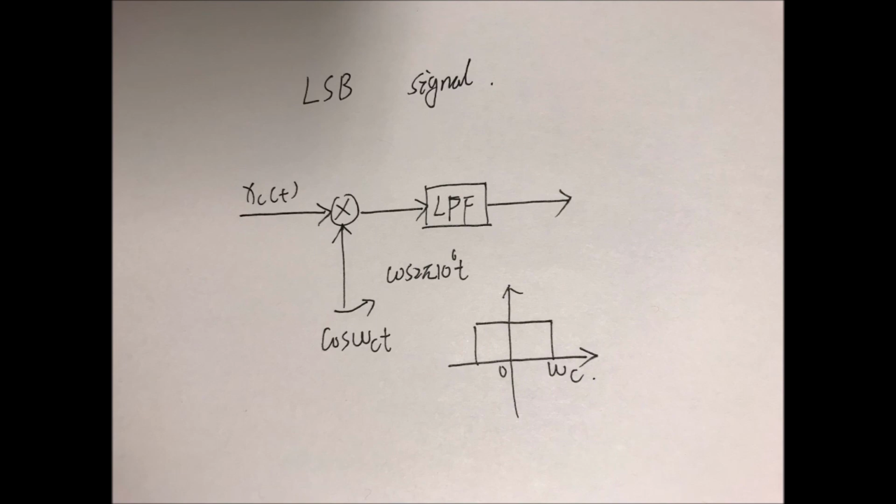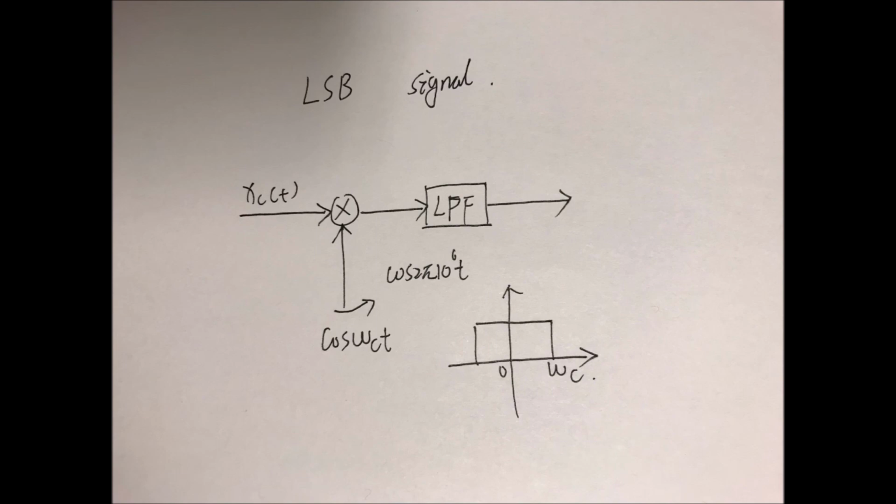According to the previous structure, as we know, this one should be cosine omega c t. And the cutoff frequency of your low pass filter should be good enough to cover my signal spectrum.